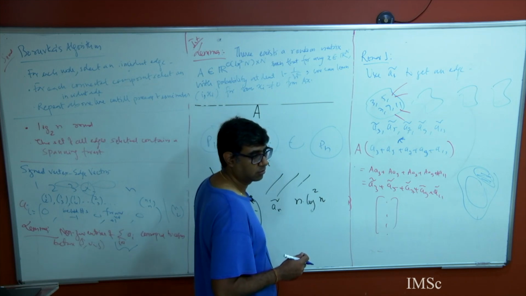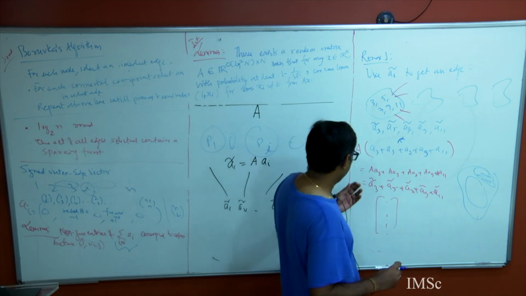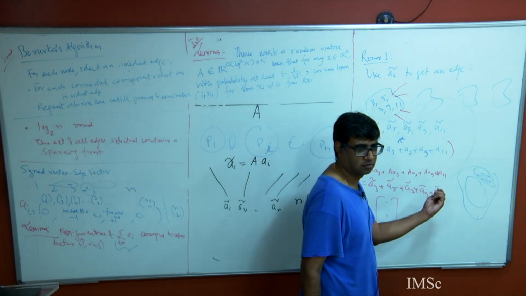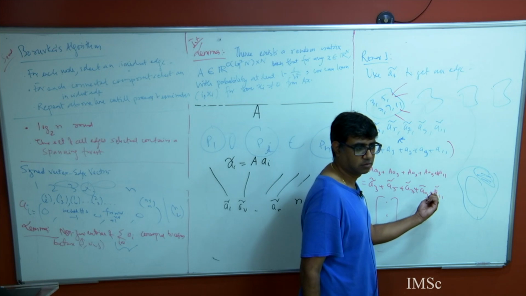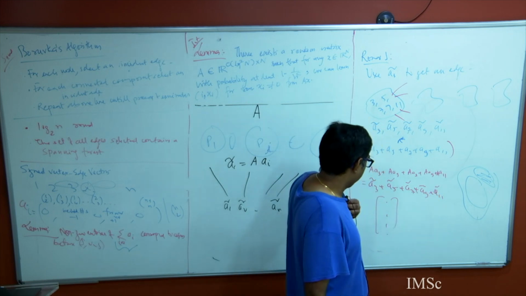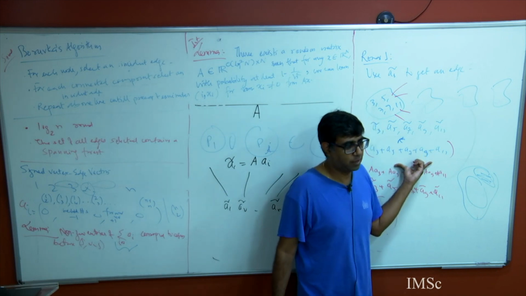We are applying a union bound here. But A is not random for these vectors. I'm only interested in these vectors, some of these guys.